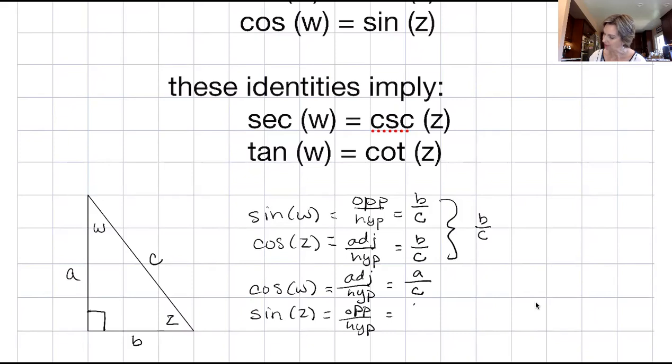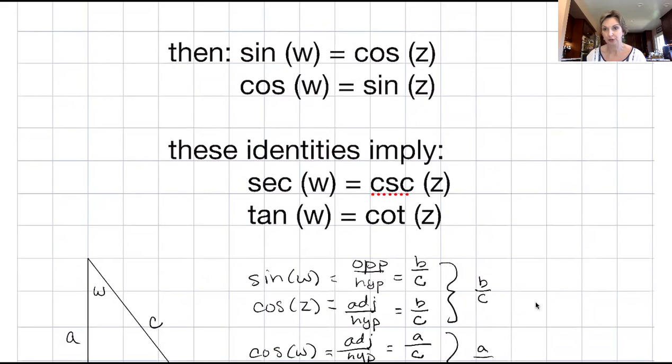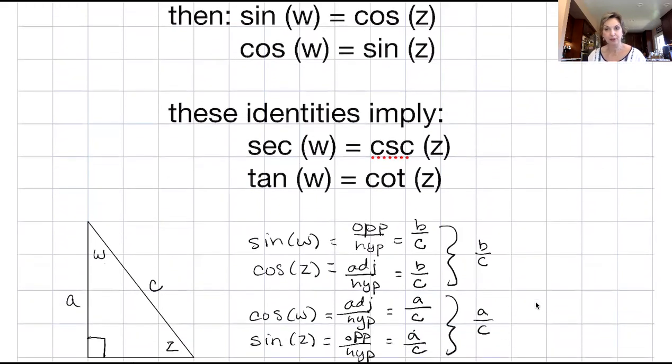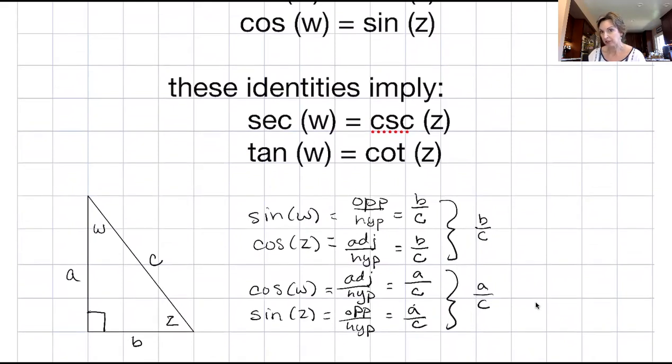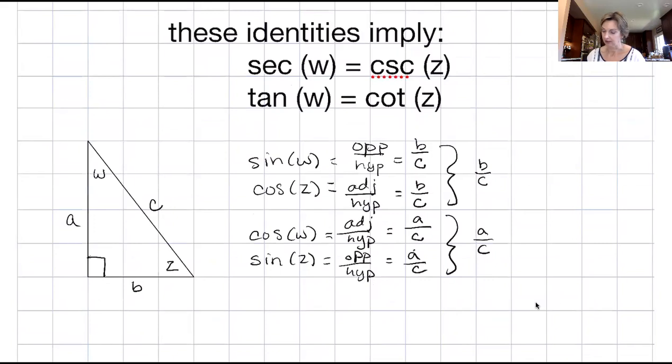Opposite angle Z is A, and the hypotenuse is C. So there we go. They're both equal to A over C. They're equal. So that makes both those first two statements true. And those are the ones you're going to see the most often, right? Those two opposite angles, they're complementary, and the sine of one equals the cosine of the other.